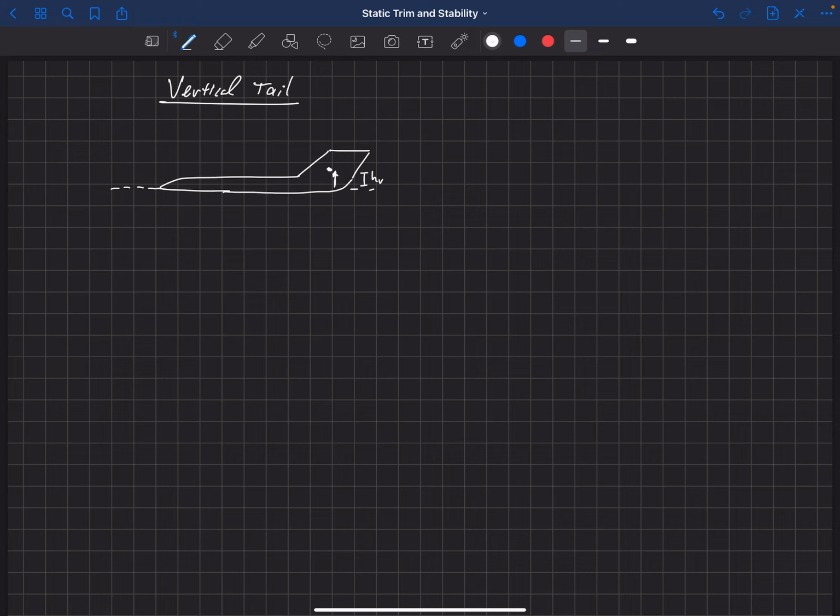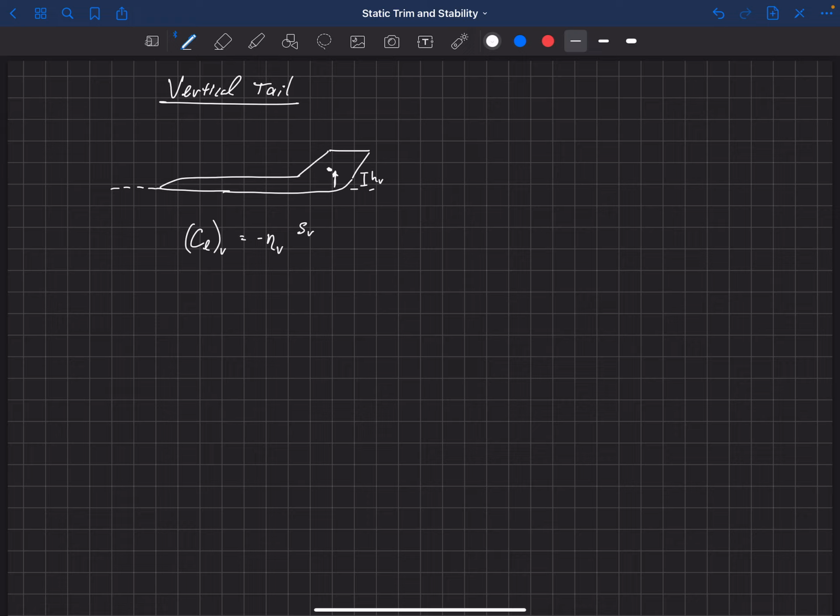So we can write the influence on the rolling moment coefficient due to the vertical tail. And I'm just going to put this in non-dimensional form. You should be able to see where each of these components comes from now that we've worked through this several times on other lifting surfaces.